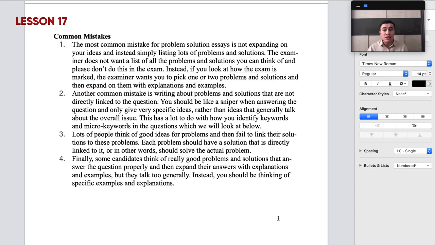Second, another common mistake is writing about problems and solutions that are not directly linked to the question. So you should be like a sniper when answering the question and only give very specific ideas, rather than ideas that are general, and of course avoid talking about overall issue.